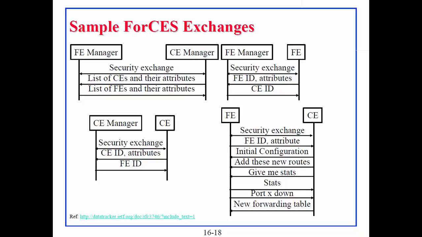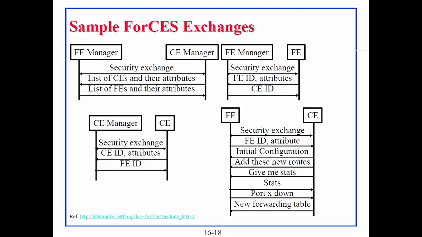From this point, the forwarding element manager connects to the forwarding elements under its control, again with a security exchange. Then the forwarding elements respond with their forwarding element IDs and attributes, and the forwarding elements receive the control element ID that they are going to be communicating with.